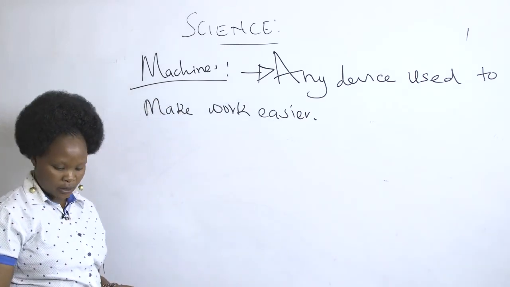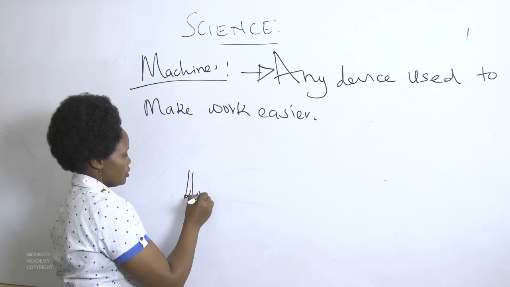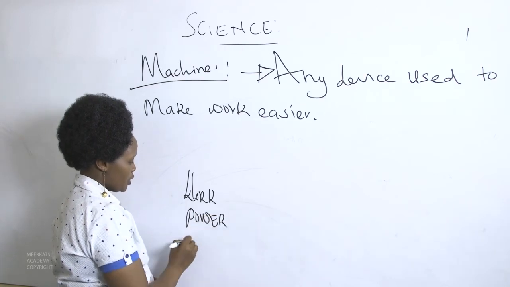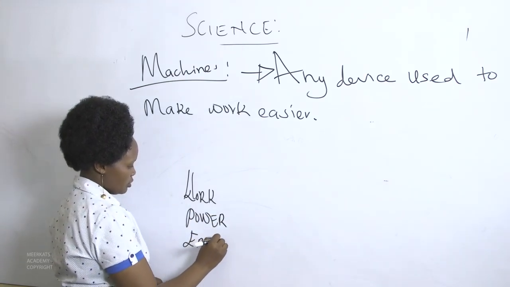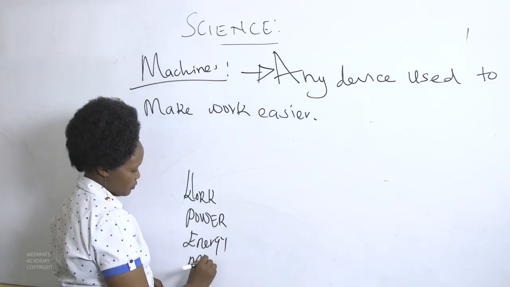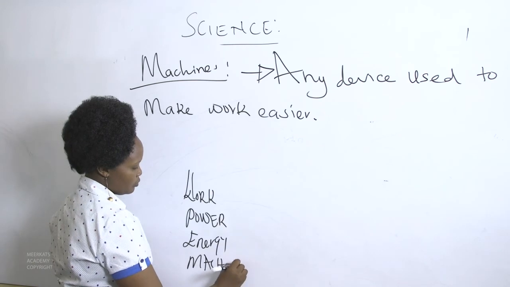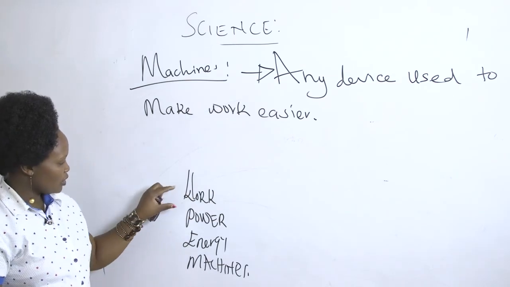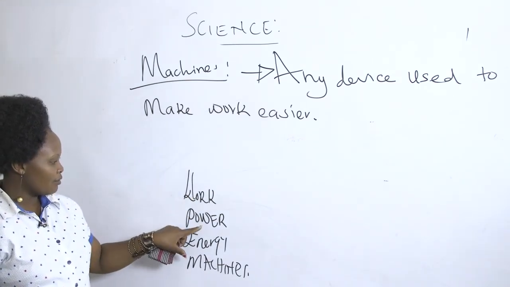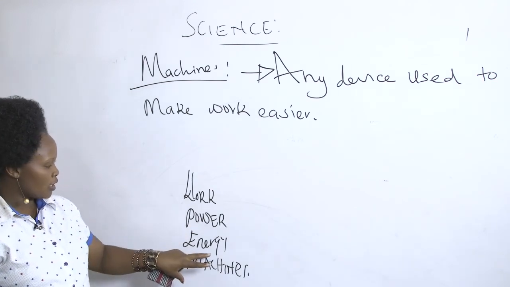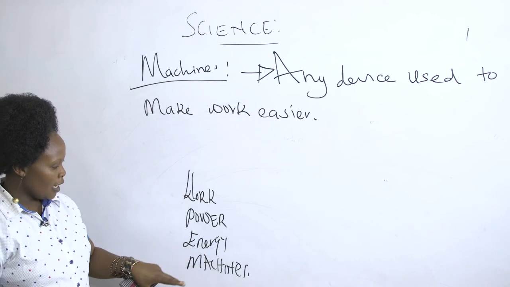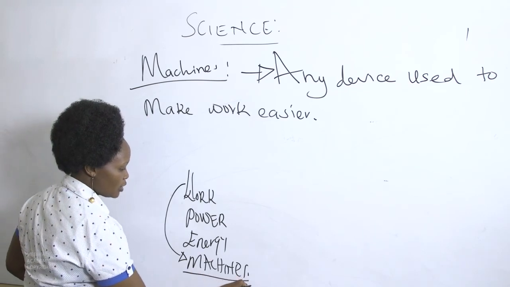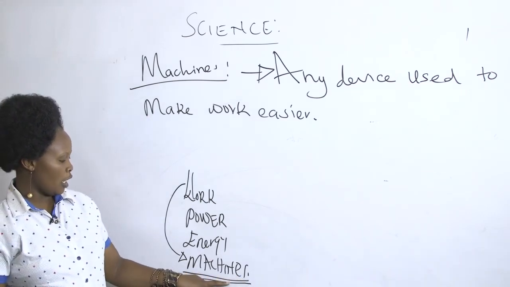Remember, our topic is on work, power, energy, and machines. Now, work will be done at a given rate depending on the energy that you have, and it will be even easier if that energy is applied on a machine.